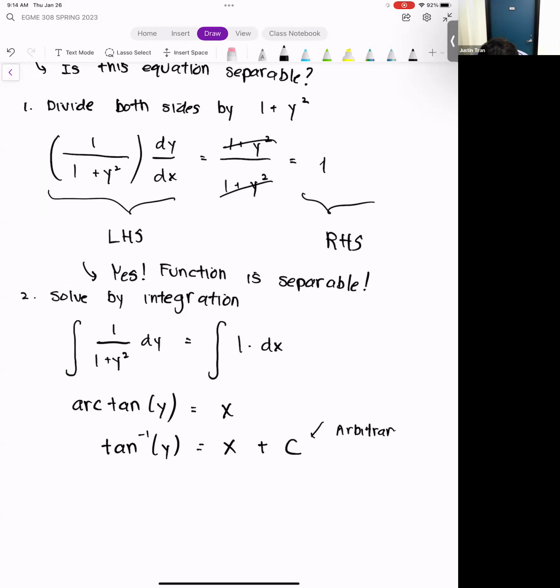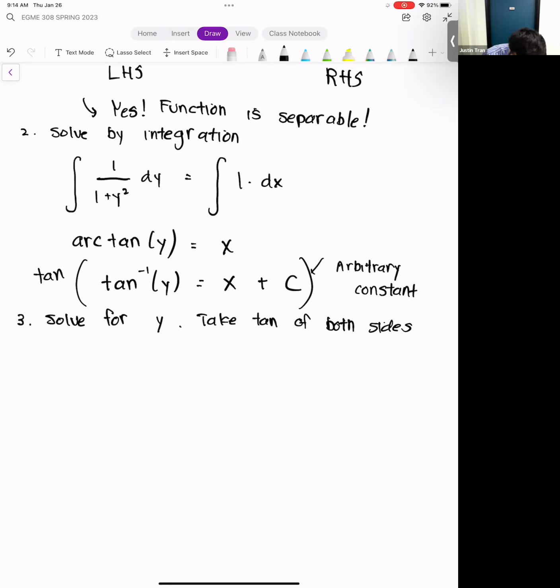All right, so from here it's just algebra. Let's go ahead and solve this for y. To solve for y, I need to undo the arctangent. To undo an arctangent, you just take tangent on both sides. On the left-hand side, we have the tangent and the arctangent.